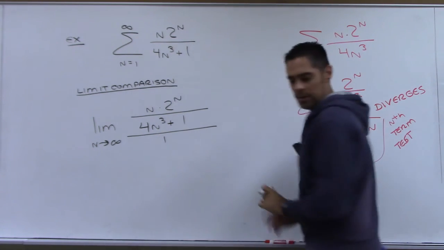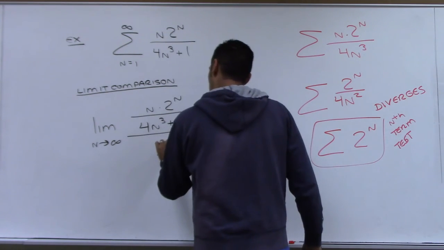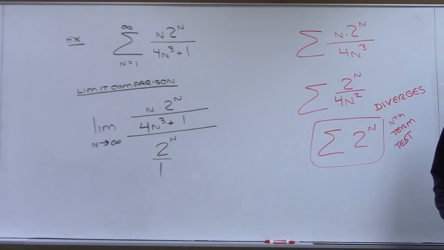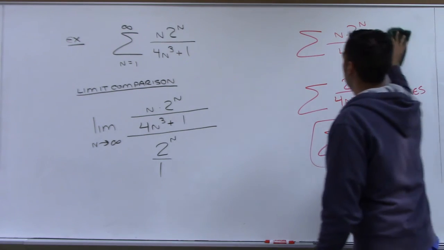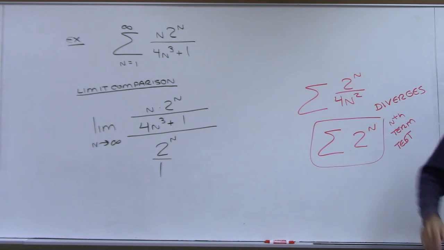It's just 2 to the n, which you could say is over 1. And when I flip, oh yeah, it's going to work. No, it's not. It's going to fail. I'm not going to get a positive constant.